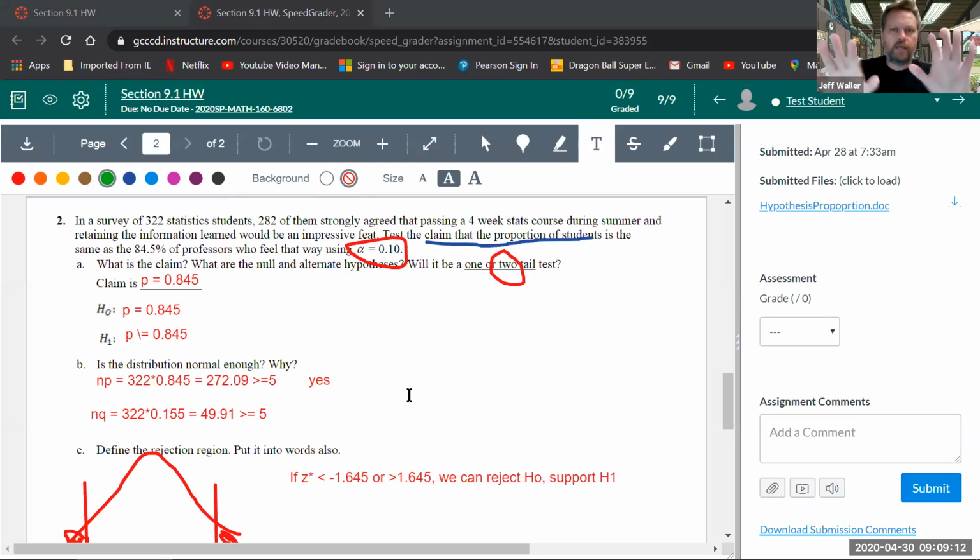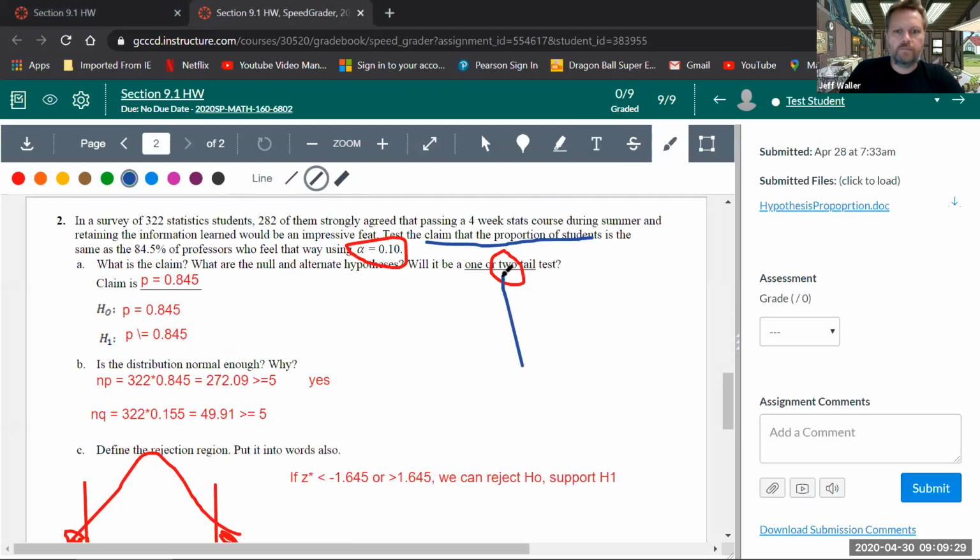But everybody should know now the H0 has got to have an equal sign. Since our claim has an equal sign, we put it in H0. The other one, whatever's left blank, is the opposite of that. So H1 is not equal to. And that's why we figured out it's a two-tailed test, because not equal to could be up or down. It could be more or less.